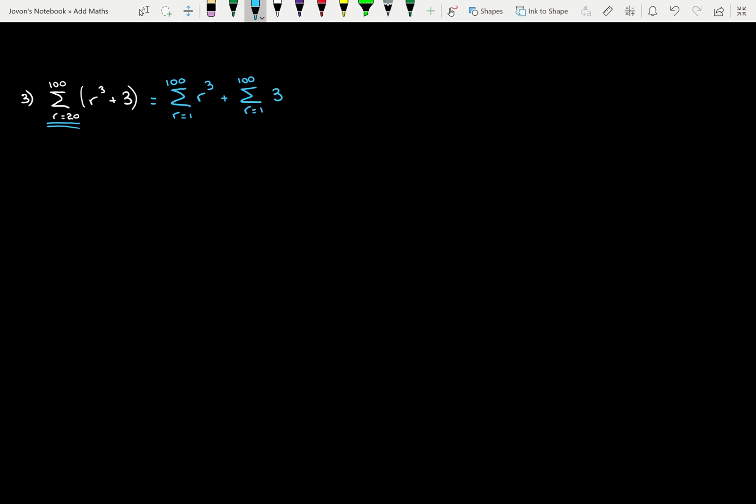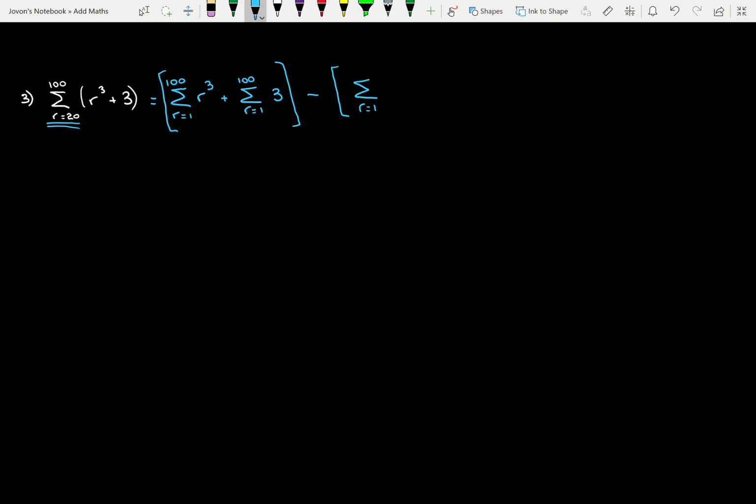Okay, but since we added from 1 to 100, we just really want to find from 20 to 100. So this value here, what we calculate here, will actually be bigger than what we want. So this will be equal to this minus the sum from r is equal to 1 to what?